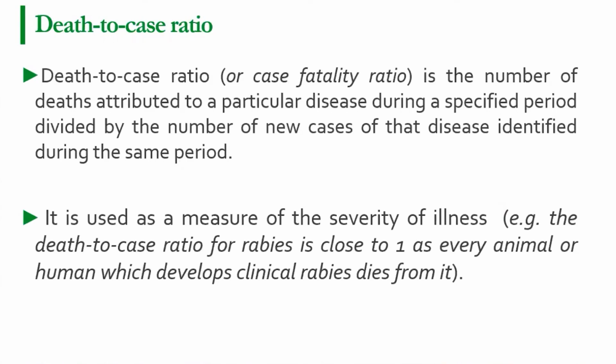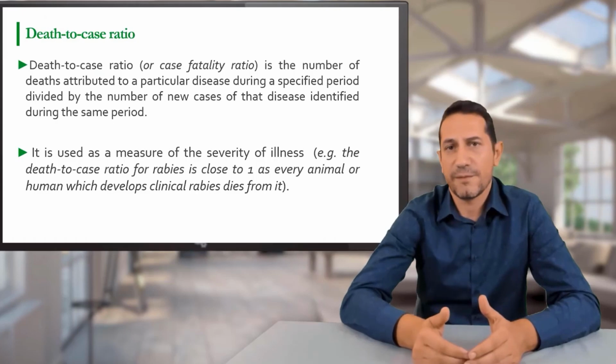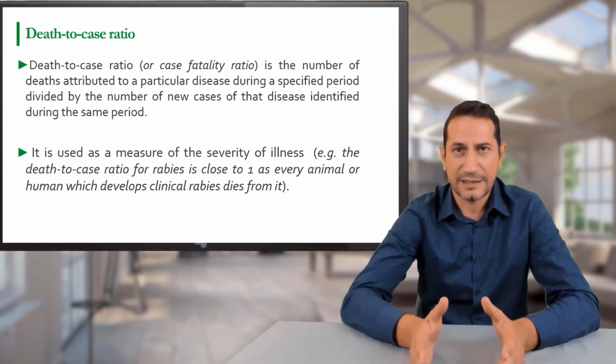Basically, it's used as a measure of the severity of the disease. For example, if we take rabies, rabies has a death to case ratio close to 1 because it's a 100% fatal disease to whichever mammal develops clinical signs of it.